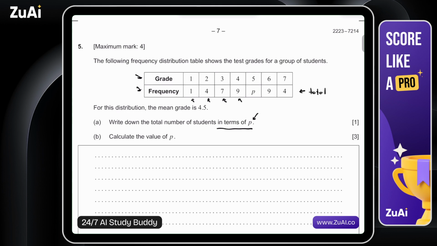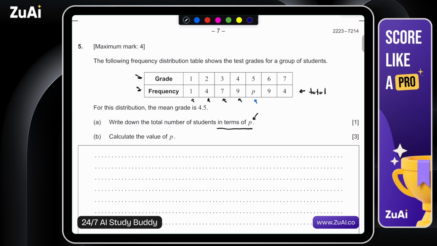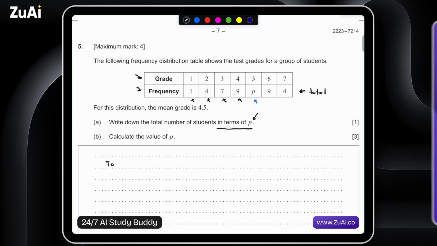And we don't know all of the values because we don't know P, so we would write this in terms of P. So our total number of students is going to be equal to 1 plus 4 plus 7 plus 9 plus P plus 9 plus 4, which if we were to add that up, I'm actually just going to use my calculator here. 7 plus 9 plus 9 plus 4 is just going to be 34 plus P. So we add up all the numerical values, and P is not something we can really combine with all the numerical values.